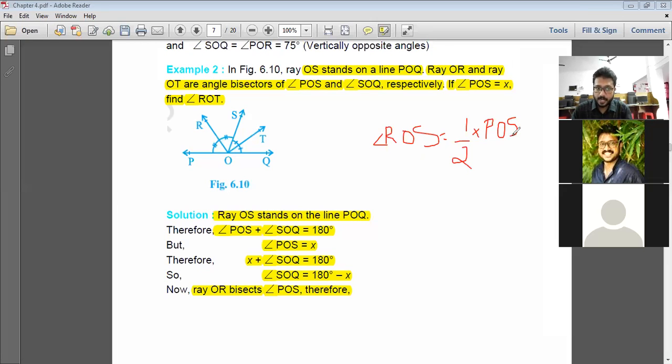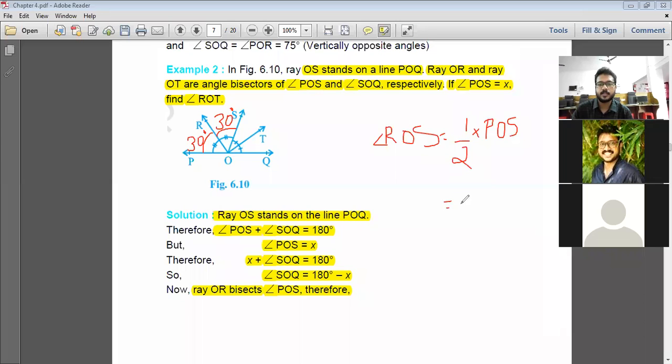For those students who have any doubt, listen. Because both these angles are the same. Suppose angle ROS is 30 degrees, then angle POR will also be 30 degrees.